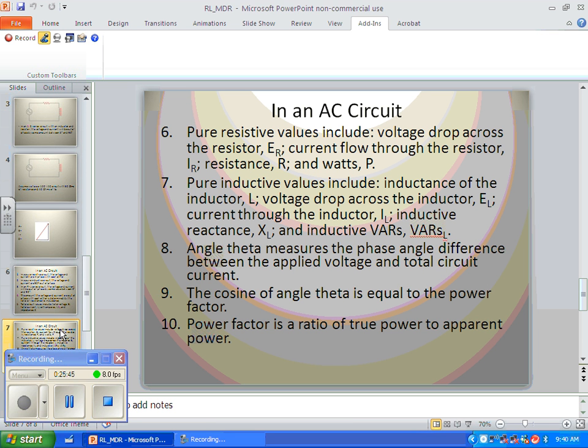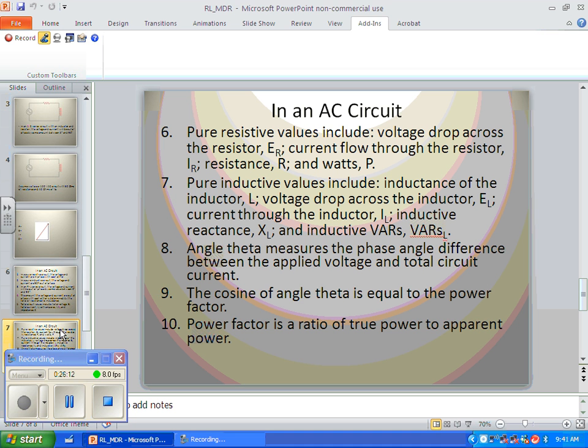Pure inductive values, I'm not even going to worry about that. Angle theta, that's always that angle between the hypotenuse and the side adjacent. It's always that angle, okay? And we're always going to draw it with a resistance across the bottom and the X sub L going up. Let's not talk about that just yet. I don't want to confuse you.